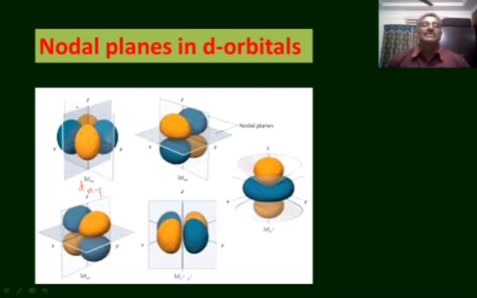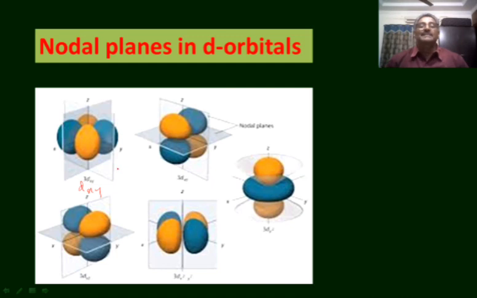We can assume two imaginary planes which are passing through the nucleus in the directions of the x-axis and y-axis. That means on these two axes, the probability of finding an electron is 0. These are the nodal planes of the d orbital.